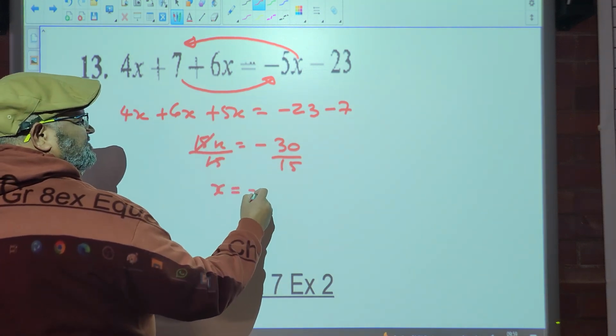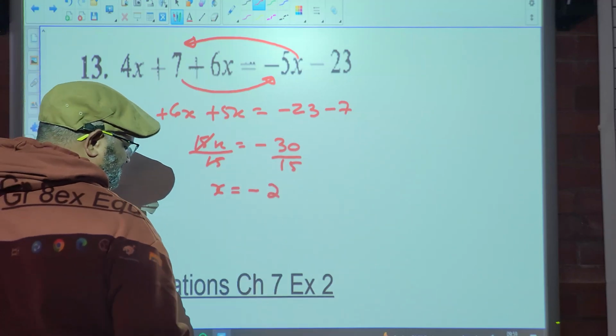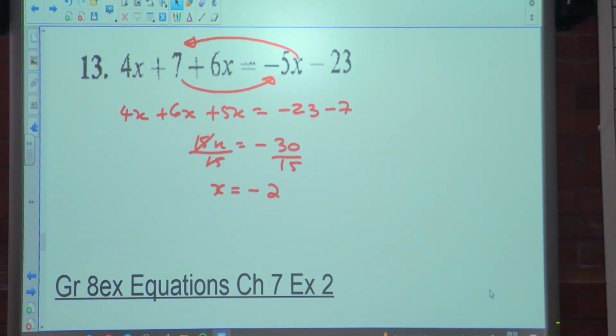So positive divided by negative, or negative divided by positive is negative. 15 divided by 30 is? The answer is x is equal to negative 2. Right. Any issues here? No?